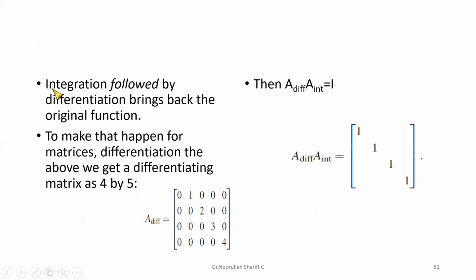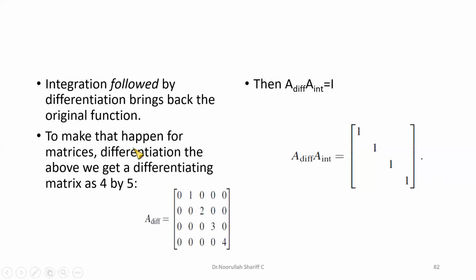So on the whole, we can say that integration followed by differentiation brings back the original function. That just means that we take the integration first and then the differentiation, then we will just get the value back.